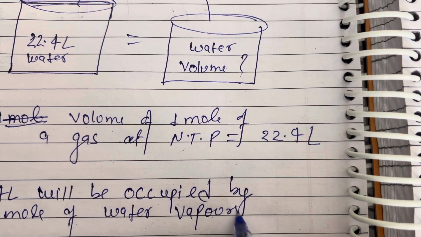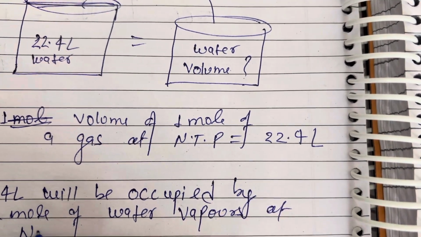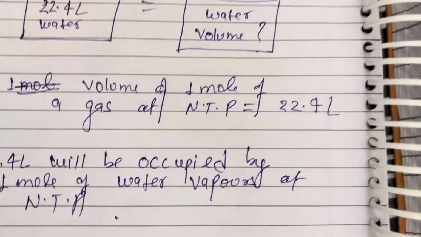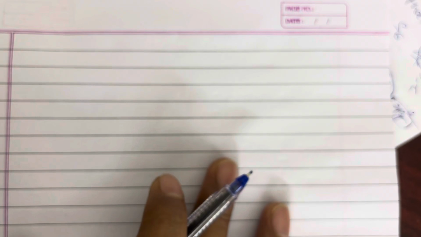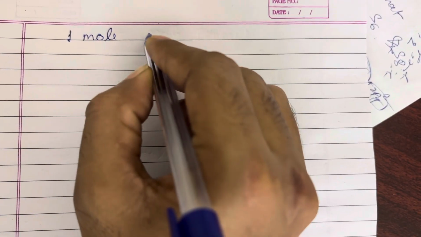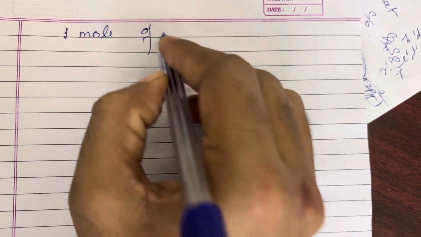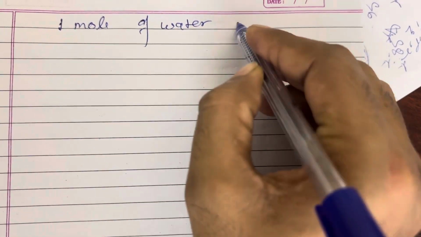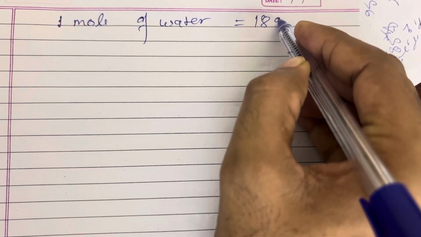vapors at NTP. Okay, so here as we know that 1 mole of water is equal to 18 gram.